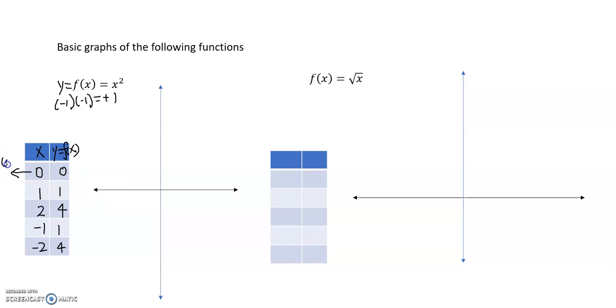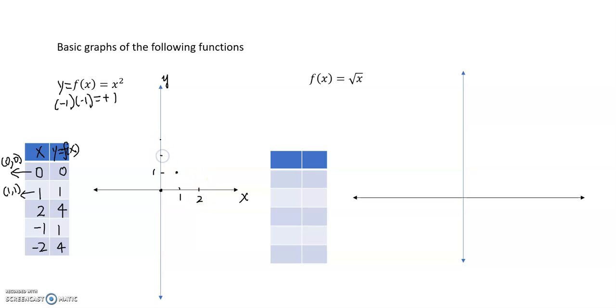The first pair corresponds to the point 0, 0, which is exactly our origin. The second pair corresponds to the point 1, 1. So x is 1, y is also equal to 1. The third pair is x equals 2. That's the x-axis, y-axis, and x equals 2, then y equals 4.